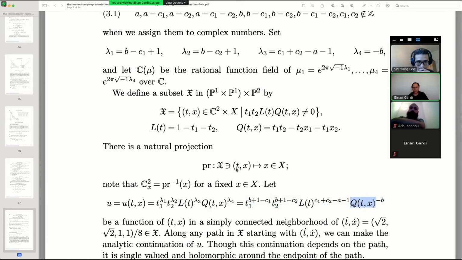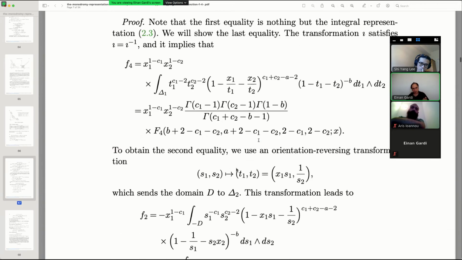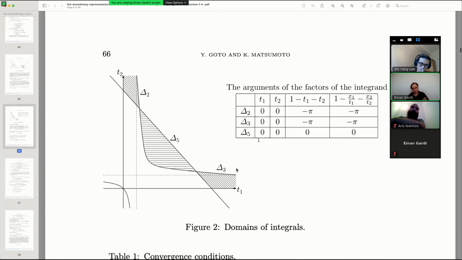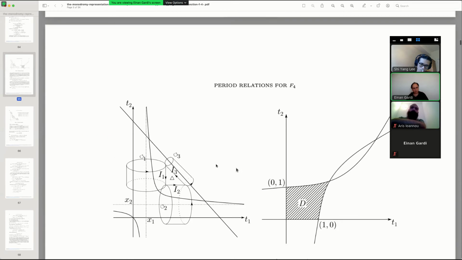So Q, remember, let's try to think about the region that we just discussed. The region that we just discussed in this plane was confined. It's internal to this delta 5 area. It's basically between these curves here. So if Q is positive, you are on one side of it.